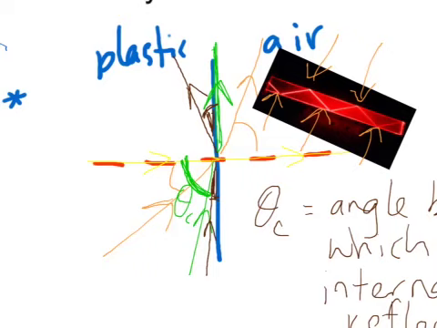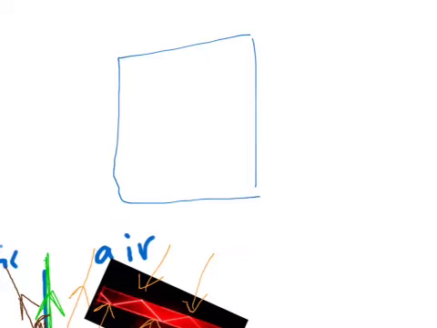Anyway, let's just quickly redraw this diagram to recap. I'll draw this out in full. This might be a glass block, and we've got our normal on the outside there, and we're going to have a light ray, go for orange.